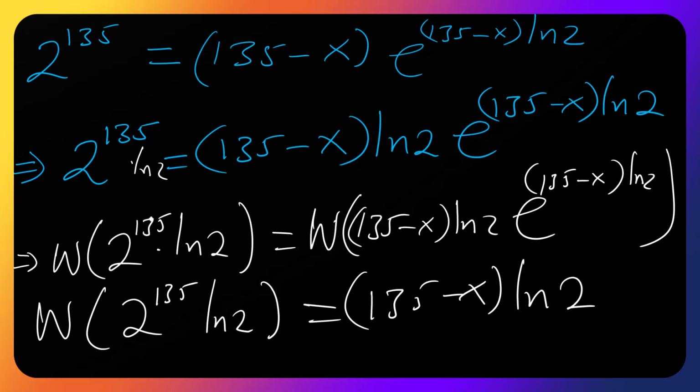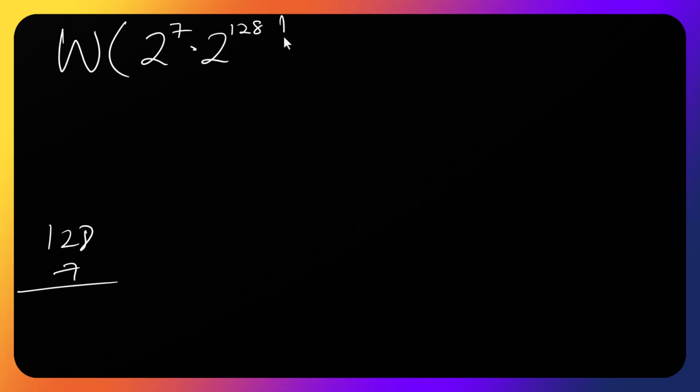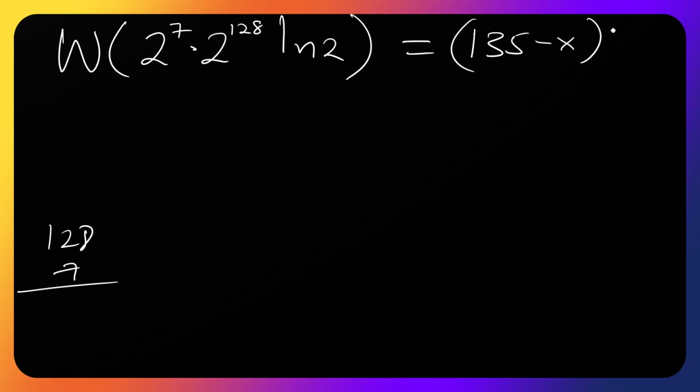So instead of 135, I'll make it 2 to the power 7 times 2 to the power 128. Now if I add 128 to 7, I'll get this 135, so I've done nothing. Times ln of 2, so we have ln of 2 equals 135 minus x ln of 2.